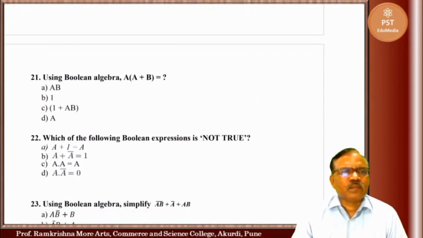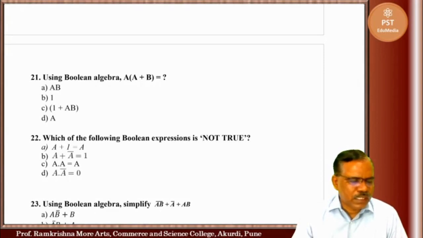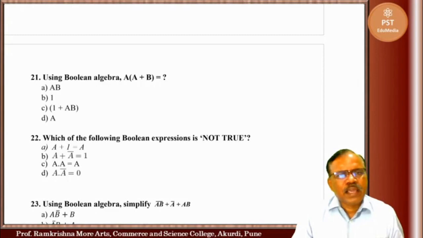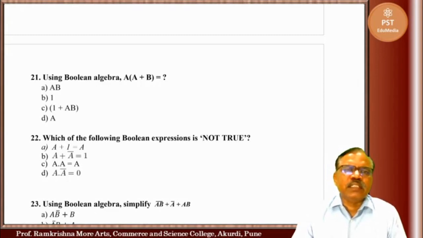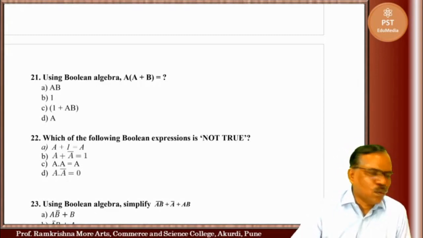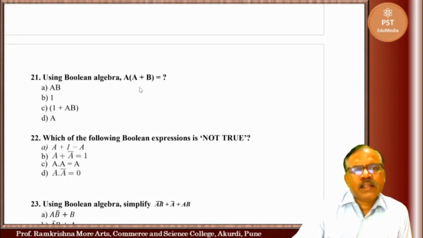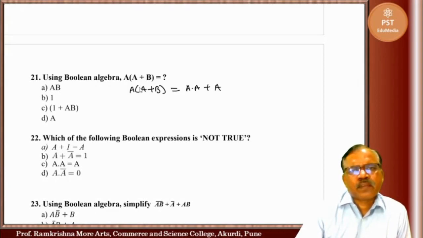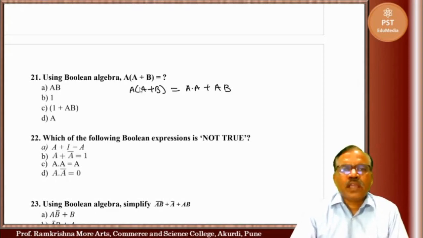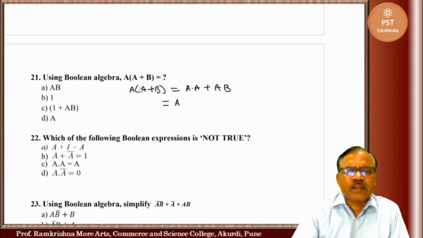Now next one, using Boolean algebra, simplify A in bracket A plus B. Now if we take A into A plus B, it is equal to A into A plus AB. Now we know A into A is A, so A plus AB.